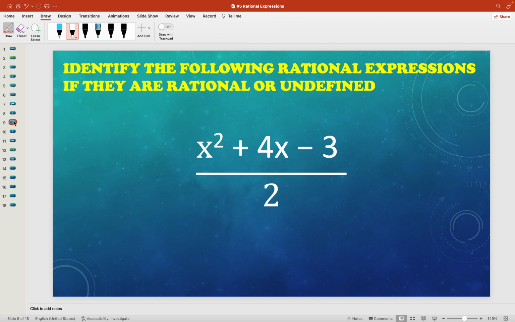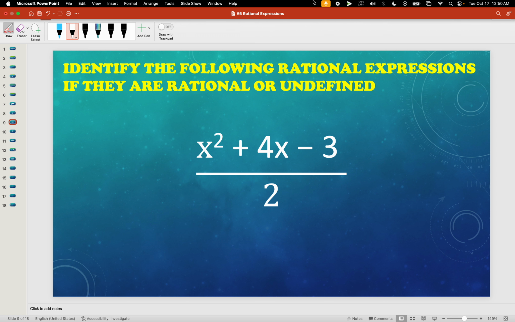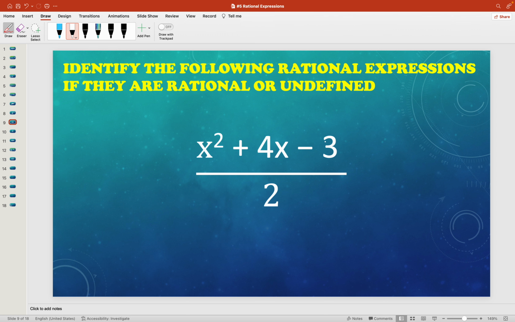Next, we have x squared plus 4x minus 3 all over 2. First, negative exponent, none. Fraction exponent, none. Variables inside the radical signs, none. And the denominator is not equal to 0. Therefore, this is rational.